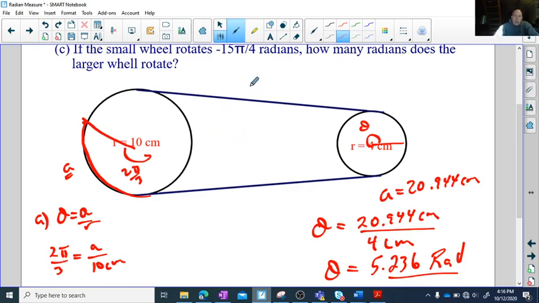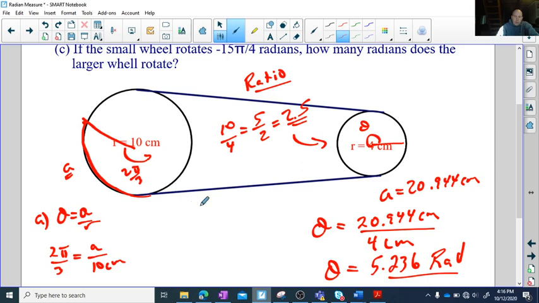If you do it as a ratio, you just divide the two radii, and the ratio here is 5 over 2, or 2.5. What that means is the small wheel has to turn 2.5 times as fast as this one does to keep up with it.